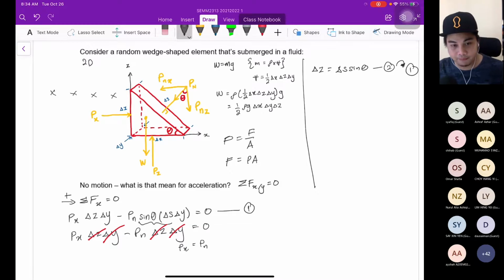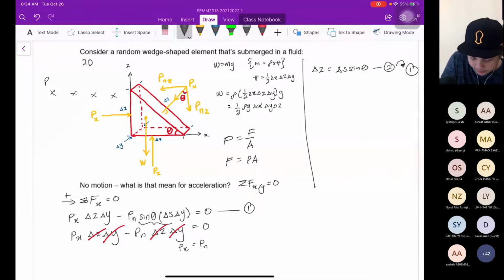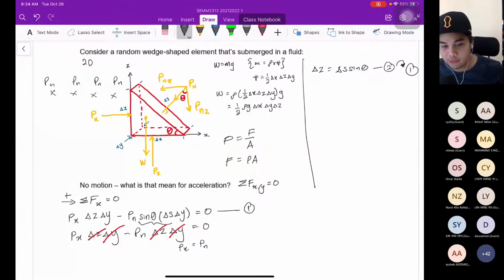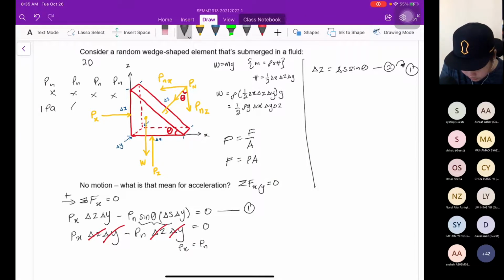This is horizontal, right? So this is the same, Pn. So from here, we can say that the pressure in the horizontal direction is the same. Not change at all. For example, this is X, it refers to 1 Pascal. This is 1 Pascal, 1 Pascal, 1 Pascal. No change because we only have one single unit. Okay, clear about this?